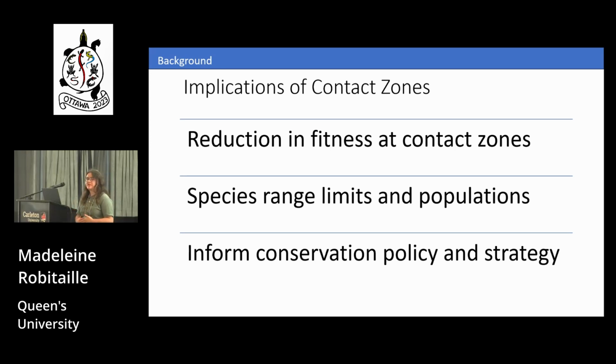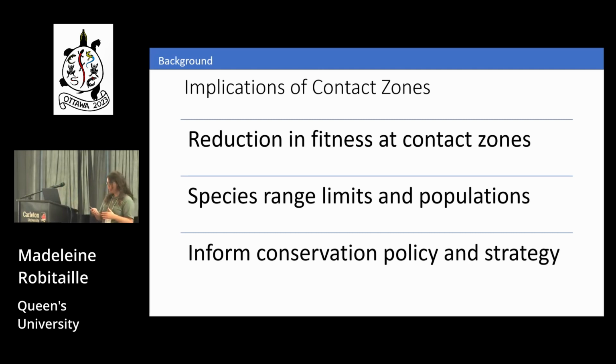Organisms can also experience a reduction in fitness at contact zones if hybrids have a lower fitness than either parental lineage. From our perspective as researchers, contact zones are also important because we want to be able to determine species range limits and accurately estimate populations. From all of these factors, understanding contact zones helps us inform conservation policy and strategy.